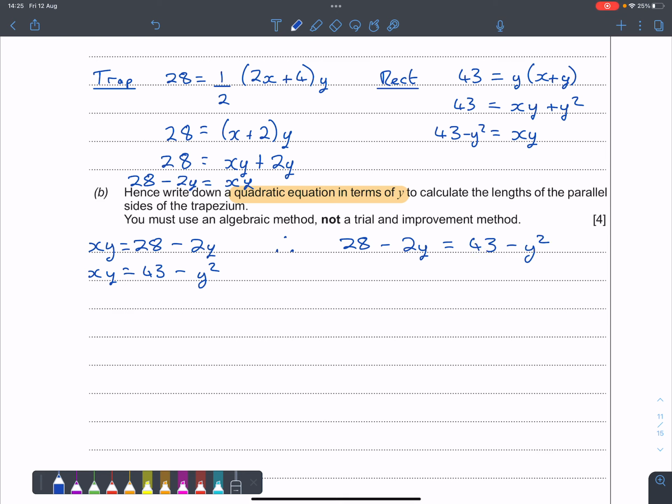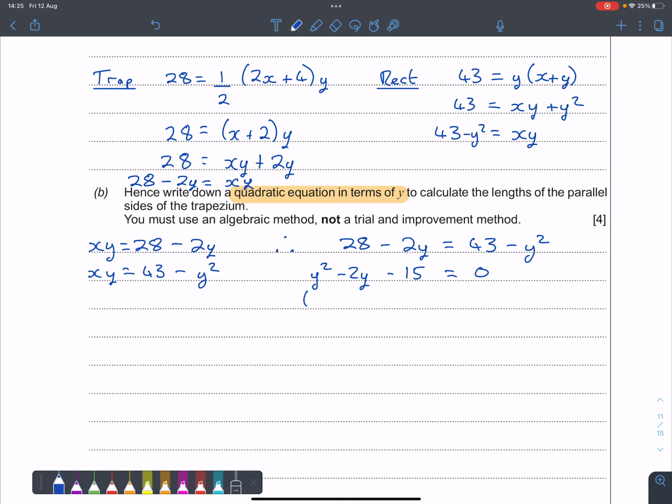So we end up with a quadratic here now in terms of y. But if I wanted to solve this, I want the quadratic equal to 0. So I'm going to add y squared to both sides. I've got minus 2y. And then I'm going to take 43 off both sides. So the 28 minus 43 is negative 15. And this is now an equation that we can solve.